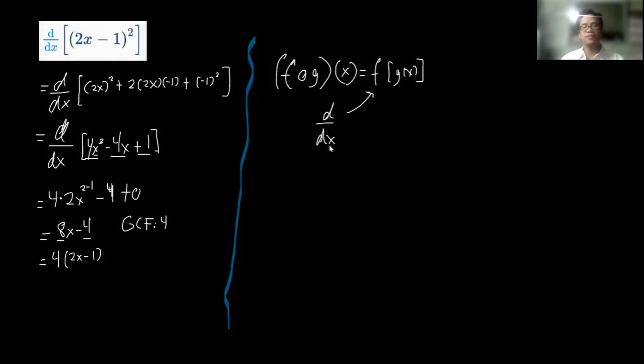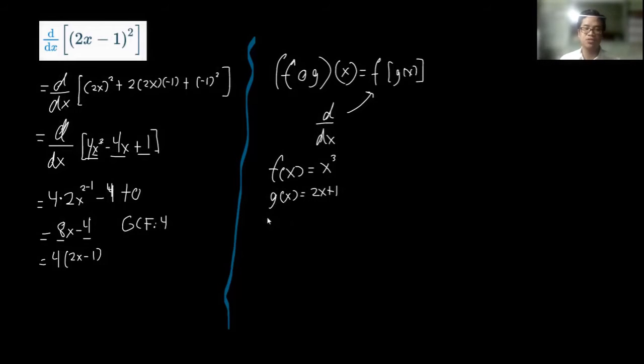Let me think of two examples here. For example, I have my f of x be, let's just say, x cubed. And then I'll have g of x be 2x plus 1.